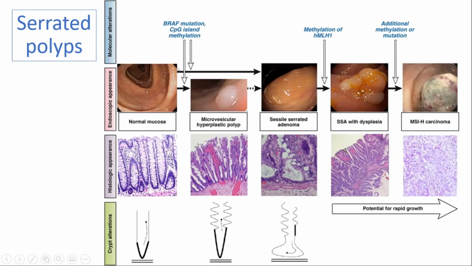Basically, I just want to share with you that serrated polyps include hyperplastic polyps, which have some subsets, like microvesicular and goblet cell rich. Then we have sessile serrated adenoma, and TSA, traditional serrated adenoma. Just to show you, this is normal mucosa, like a test tube.